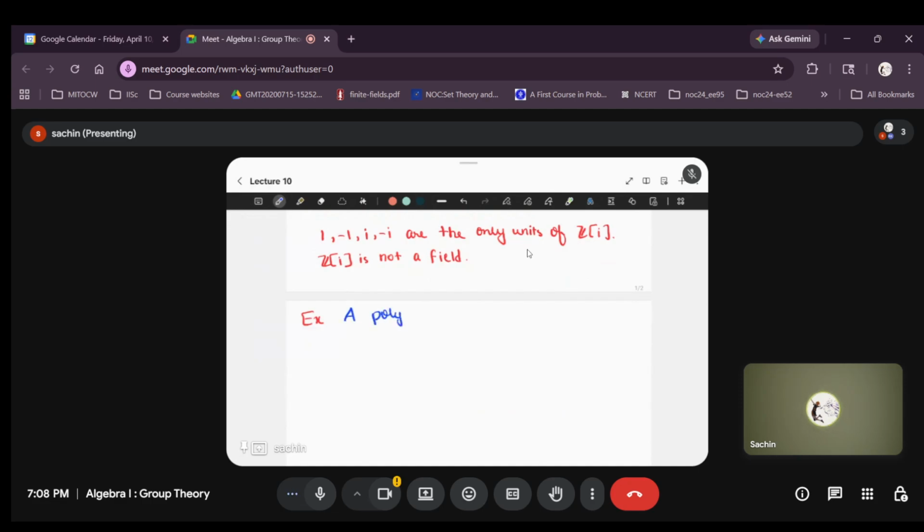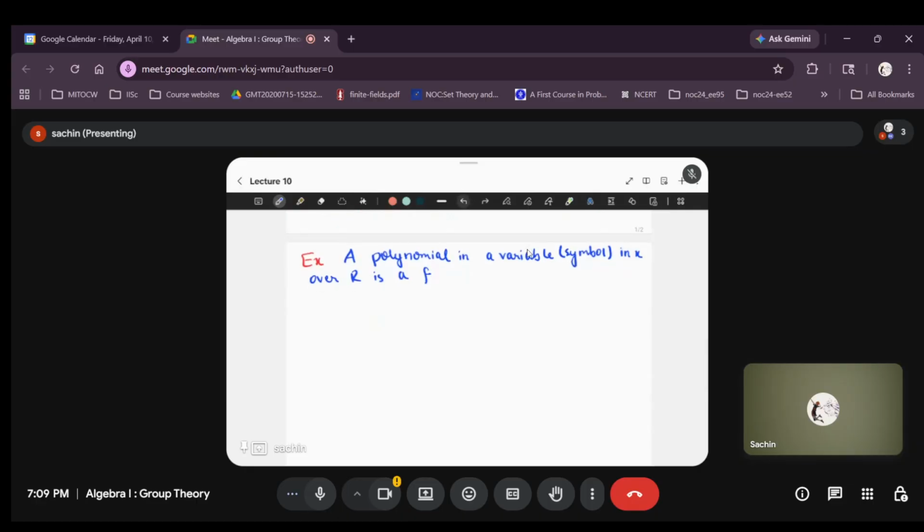A polynomial in X, a variable or simply a symbol, over R is a formal expression of the form a n x power n plus a n minus 1 x power n minus 1 plus etc. plus a1x plus a0.